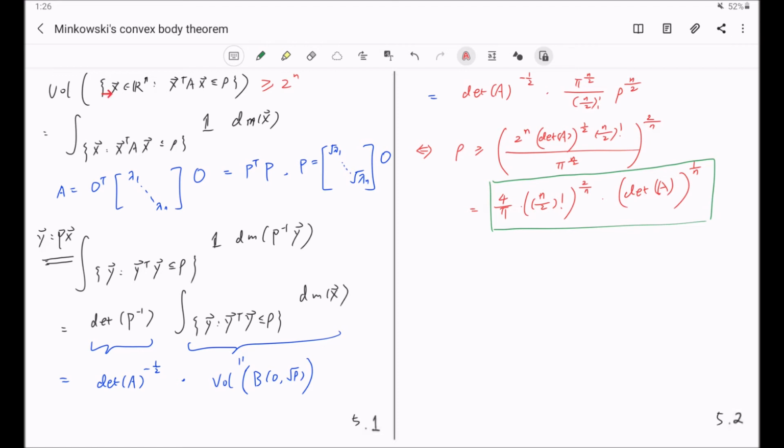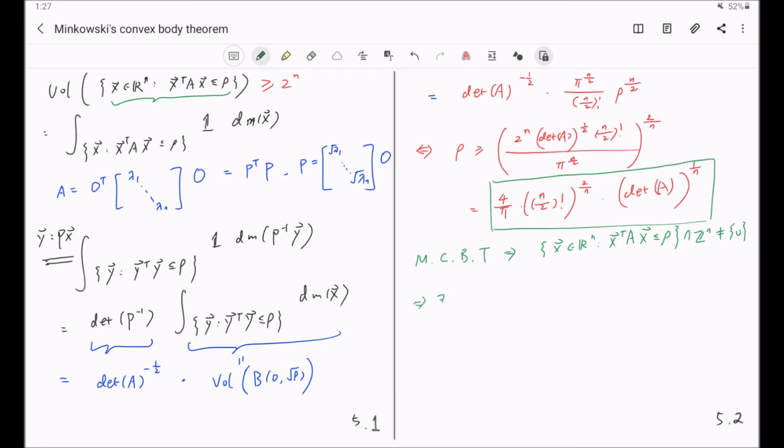And because this set is compact, convex, and symmetric about zero, by Minkowski's convex body theorem, this set contains a non-zero vector in Z^n.